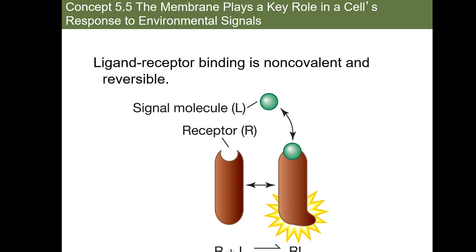So these proteins are not one use. So down here it says R plus L, which is this. This interchange can go back and forth between RL, which is this complex here.